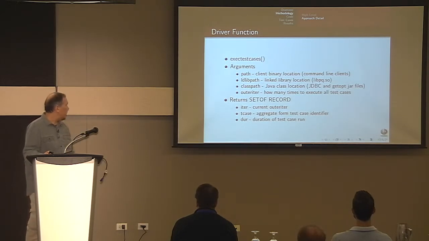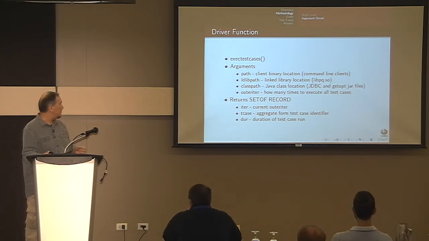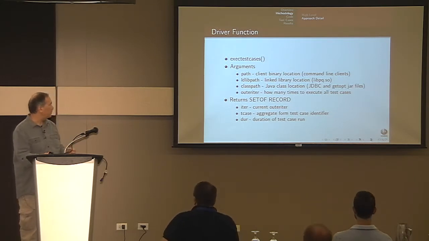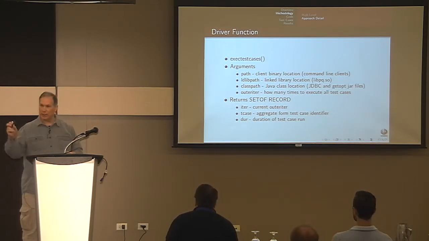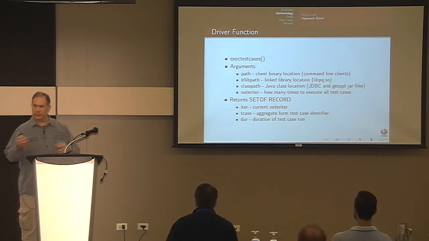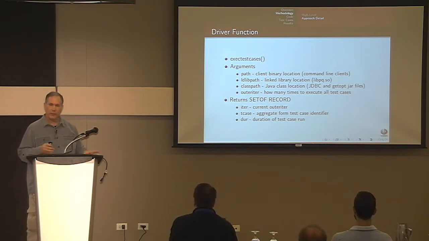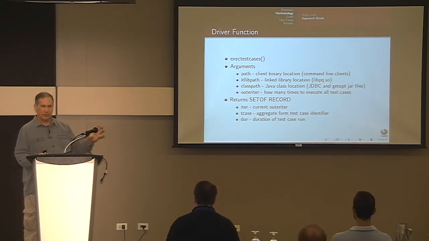The driver function itself, exec test cases, takes a couple of paths. That was so I could deal with things like making sure I'm looking at the correct libpq, because I tend to run on machines that have 4 or 5 different versions of Postgres on them, and I wanted to be sure that I was actually using the version of libpq that I wanted to use.